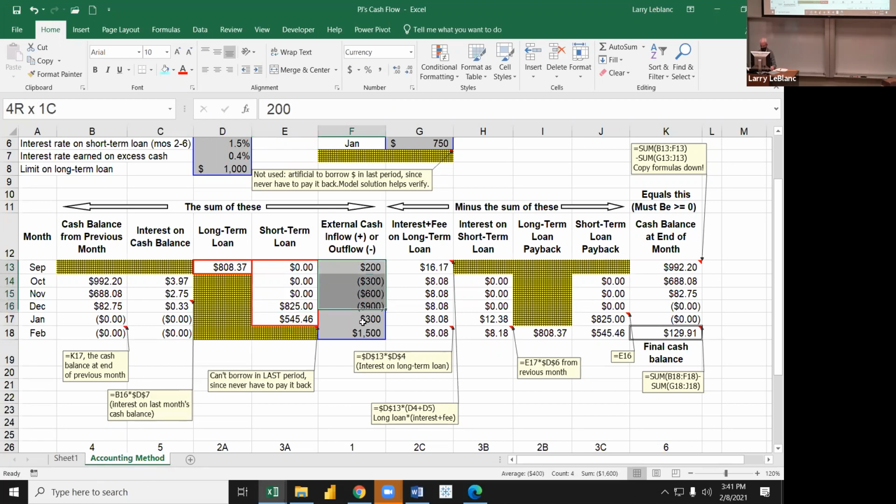The external cash, exogenous cash, blue-gray data. The sum of all of these minus the sum of all of these equals the cash balance at the end of the month. We will tell Solver through constraints that Solver must borrow sufficient money so that these never go negative.